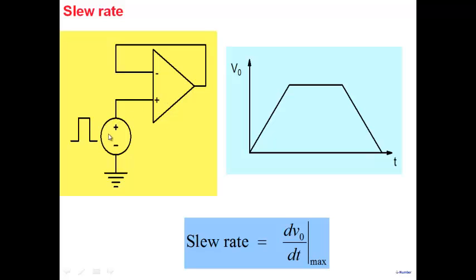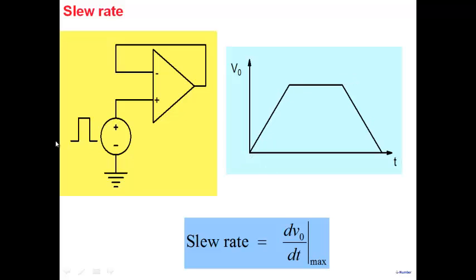So what I'm illustrating here is an op-amp connected in the form of a buffer, where, as you can note here, you expect V0 to be equal to Vin. Now, if you apply a square wave, and if you keep on increasing the frequency, what you may find is a response like this.